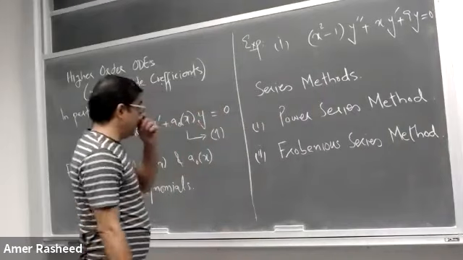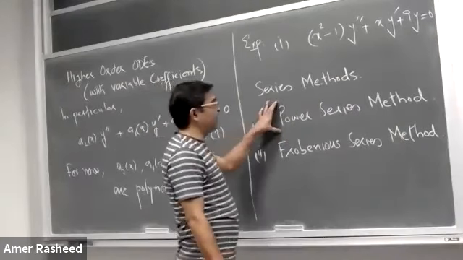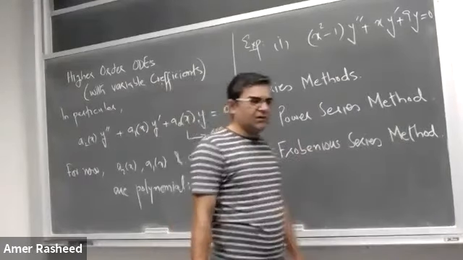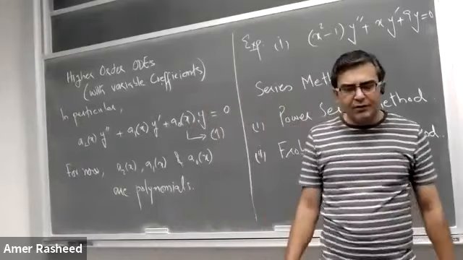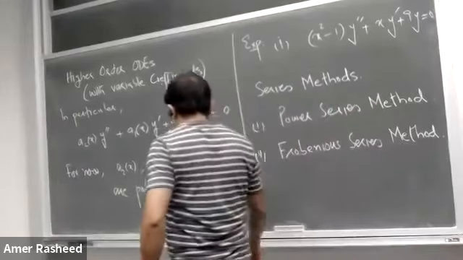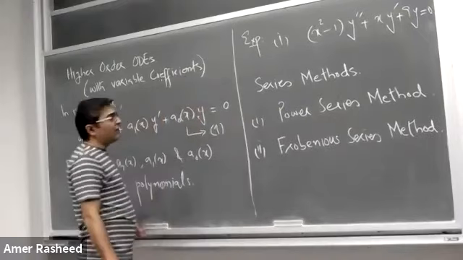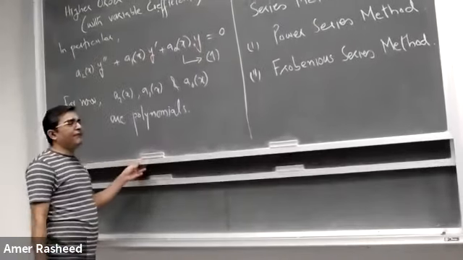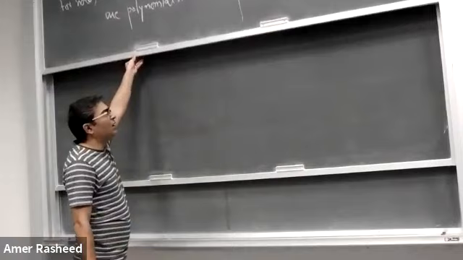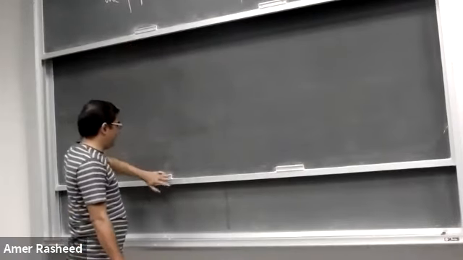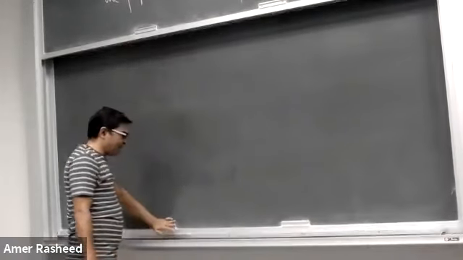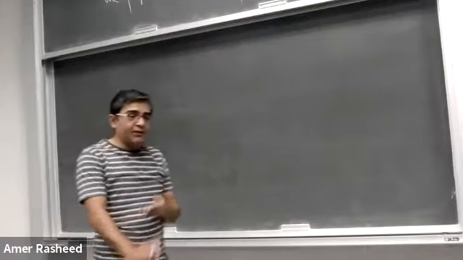So this is basically an advanced form of this method. We'll discuss later on why we use it. The power series method is an infinite series method. We assume the solution in the form of an infinite series, and then we try to find the solution.